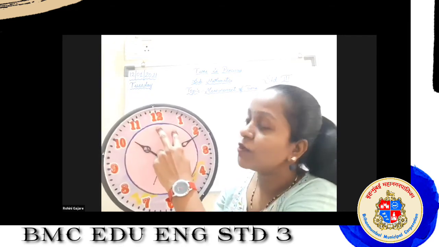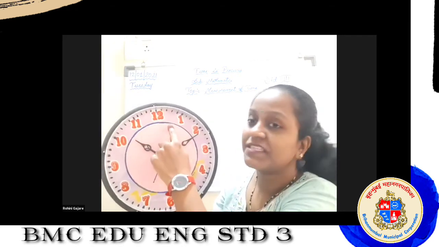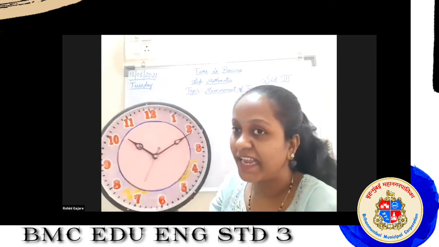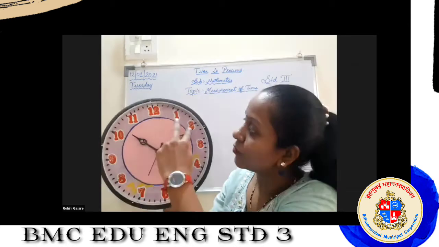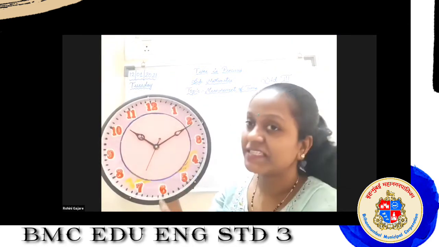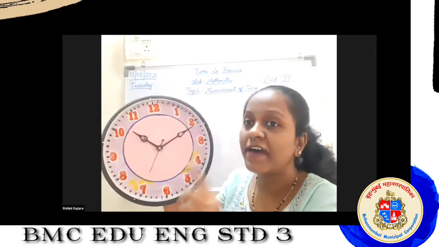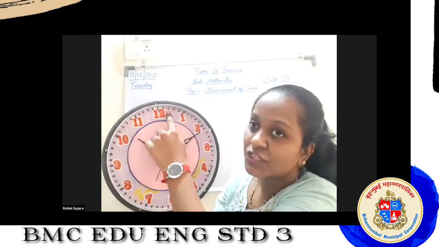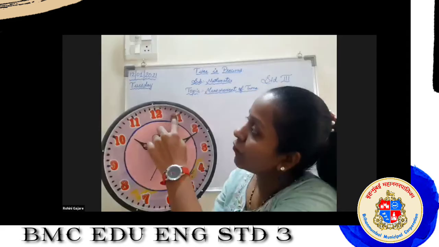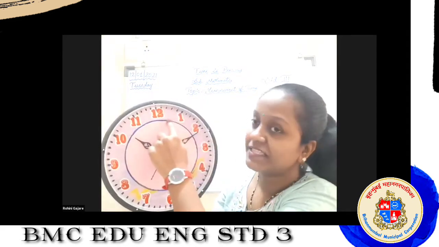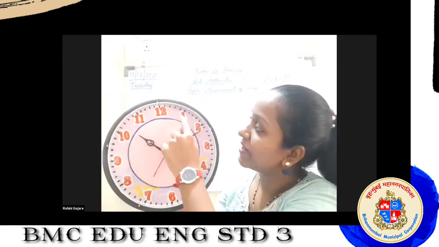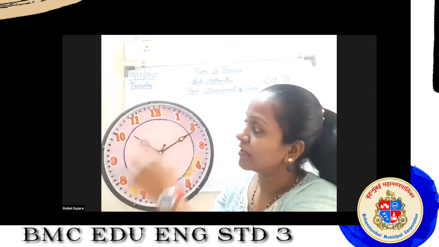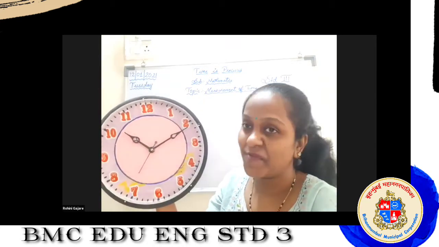And between two numbers, there is a difference of 5 minutes. 1, 2, 3, 4, 5. So this is 5 minutes, 5 minutes, 5 minutes. So in total there are 60 minutes.